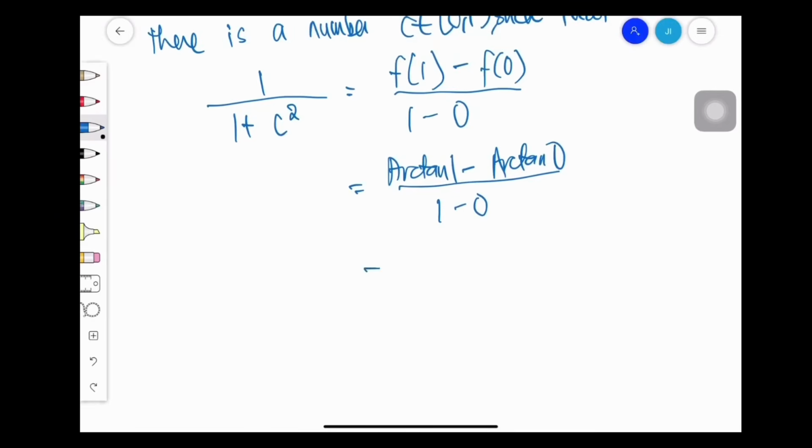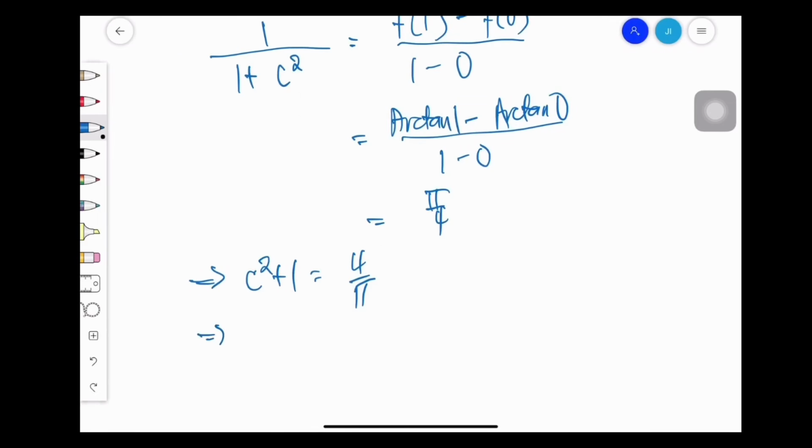or arctangent of 1 is pi over 4 minus arctangent of 0 is 0, all over 1 is just pi over 4. So this equation implies that c squared plus 1 equals 4 over pi. Let's reciprocate both sides. Hence, this implies that c squared is equal to 4 over pi minus 1.